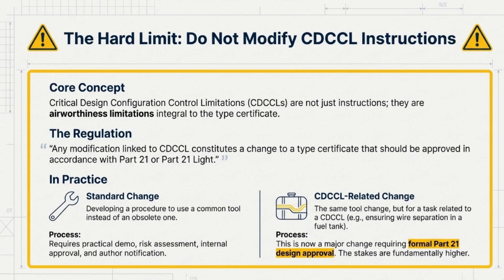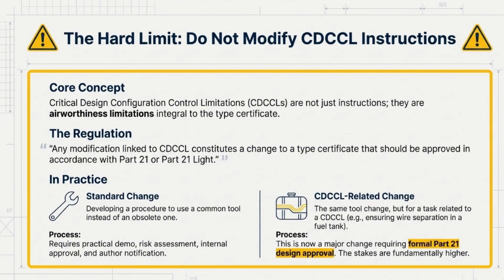It requires a practical demo to your own compliance people, maybe even a full risk assessment to prove it's safe and effective, then internal approval, then telling the author, and complete traceability. And crucially, it limits why you can modify. Only for practicality, efficiency, if the original way is impossible, or to use different tools, it's very specific.